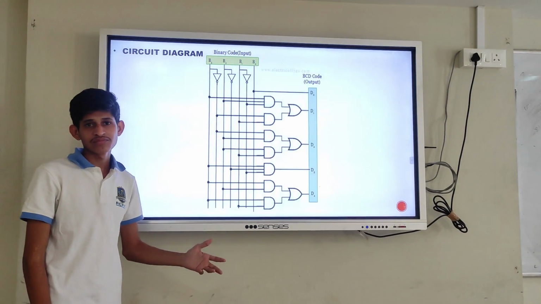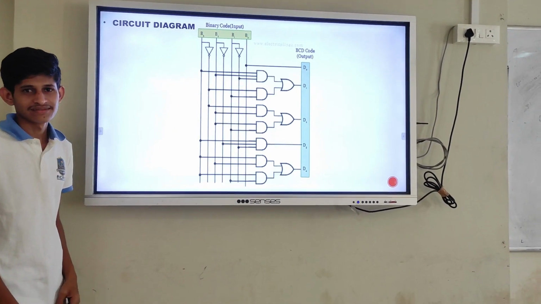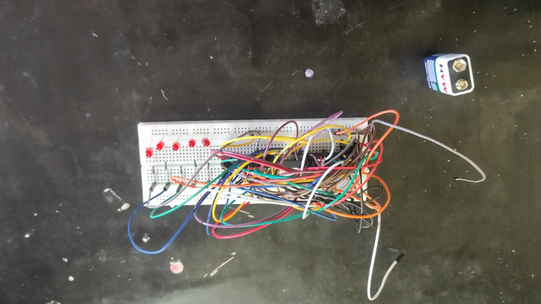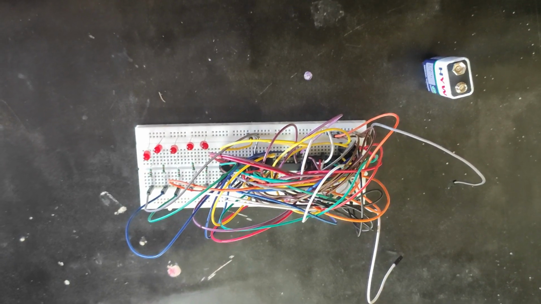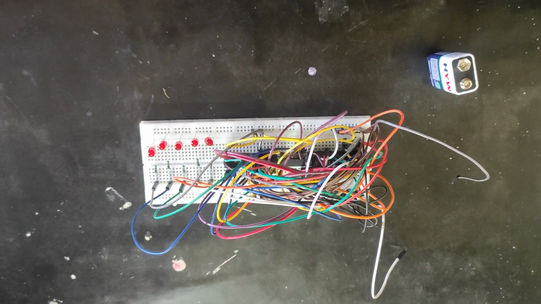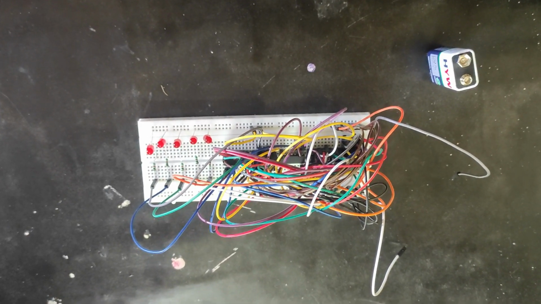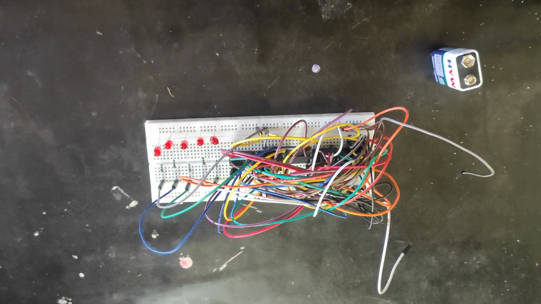Let's see the actual implementation of binary to BCD and its outputs. This is the logical circuit of binary to BCD, and we give the inputs A, B, C, D, and the output is in BCD, B4, B3, B2, B1 and B0.